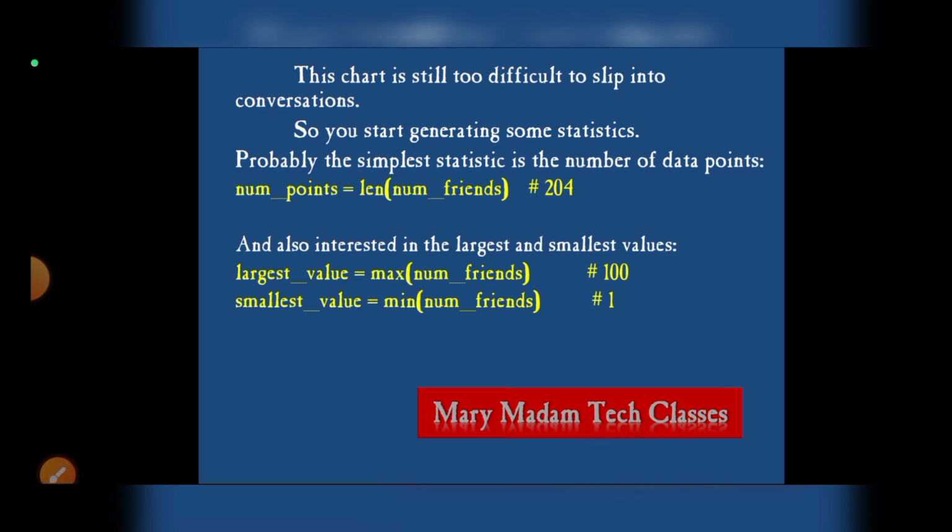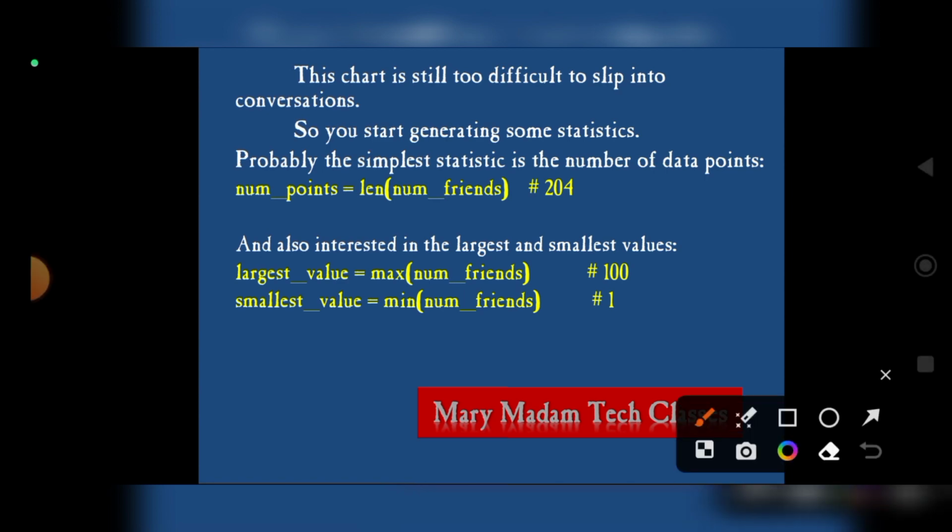This chart is still too difficult to slip into conversation. So you start generating some statistics. Probably the simplest statistic is the number of data points. Here we are going to calculate the number of points with the len function, that is equal to len of num_friends.